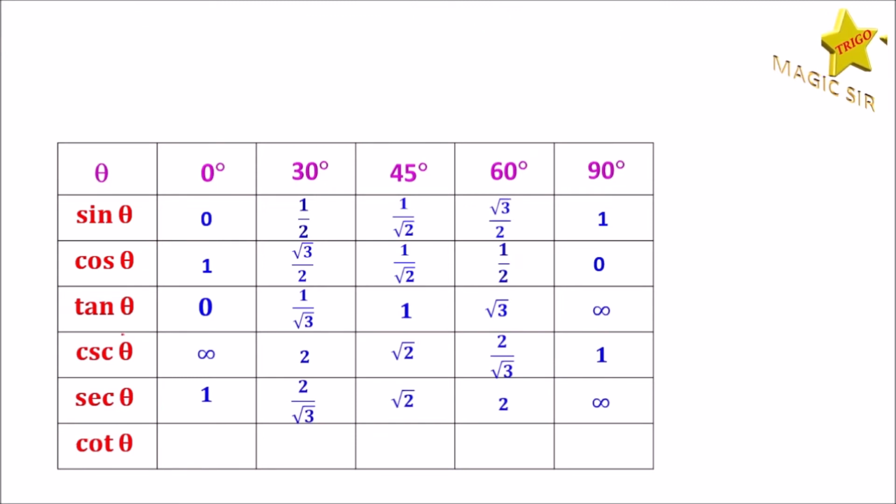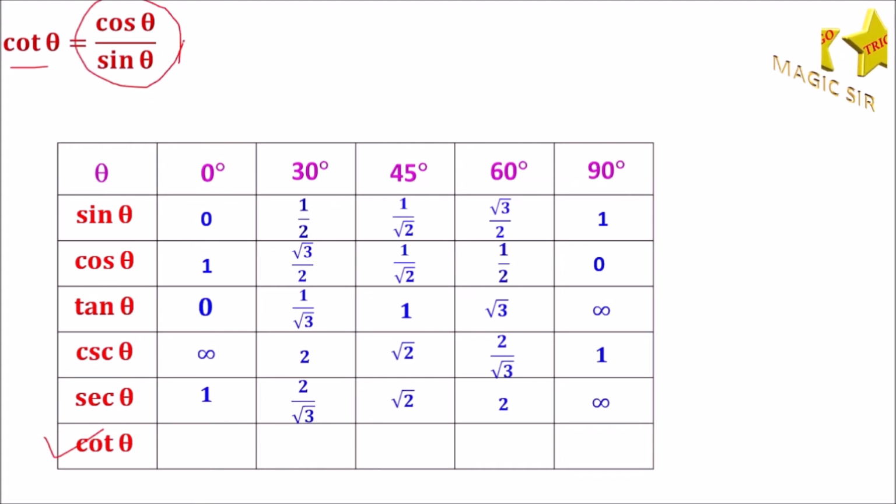For cot theta, we know that cot theta and tan theta are the reciprocal of each other. So we write cot theta is equal to cos theta upon sin theta. For theta equal to 0 degree, we have cos theta equal to 1, sin theta equal to 0.